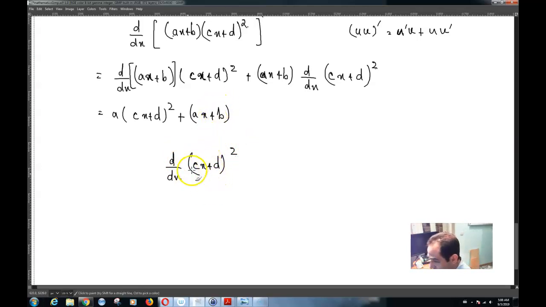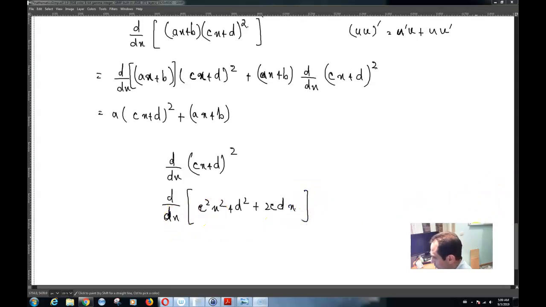But since we don't have the formula, what we can do is write this as d by dx of c squared x squared plus d squared plus 2cdx.